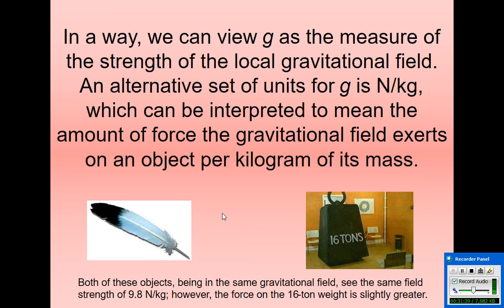That means that for every kilogram of mass an object has, there's going to be 9.8 newtons of force. So 1 kilogram, the gravitational force is 9.8 newtons. 2 kilograms, the gravitational force is 19.6 newtons, and so on and so forth. So it's a measure of the strength. On the moon, the gravitational field strength is about 1.6 newtons per kilogram. On Mars, the gravitational strength is about 3.4 newtons per kilogram.